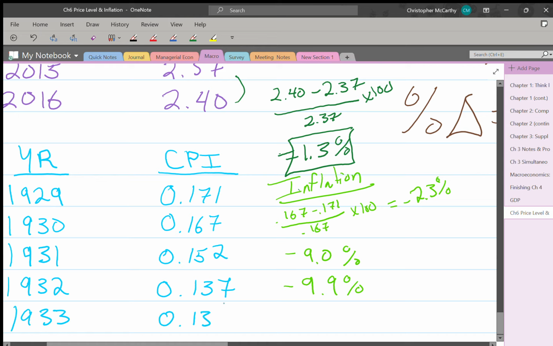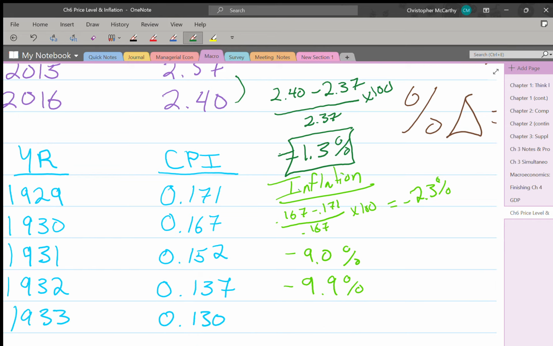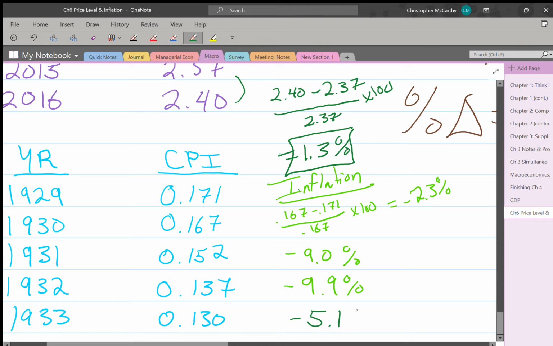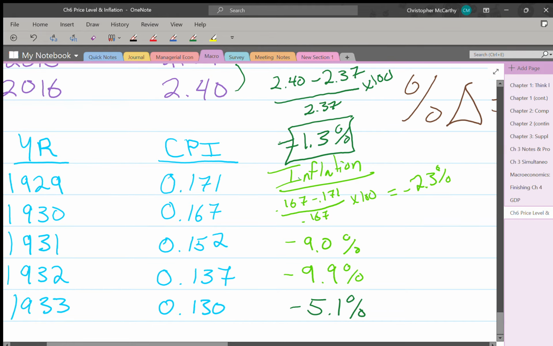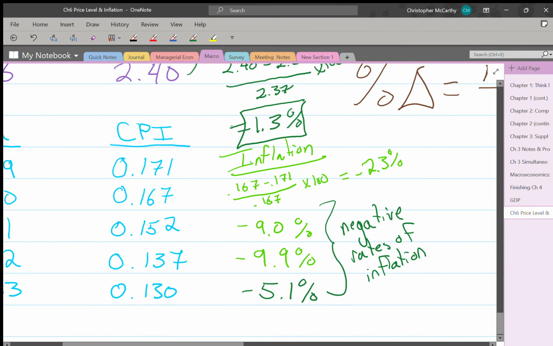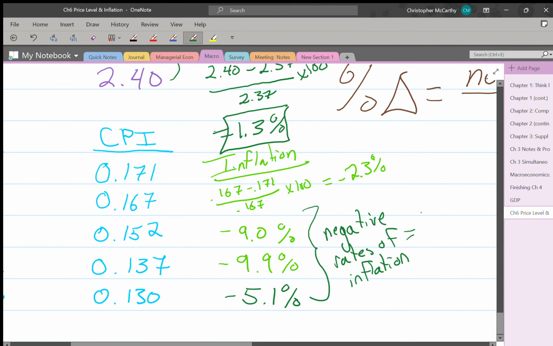But even then, it was still negative. We still had negative 5.1%. So all of these negative rates are what's called deflation.